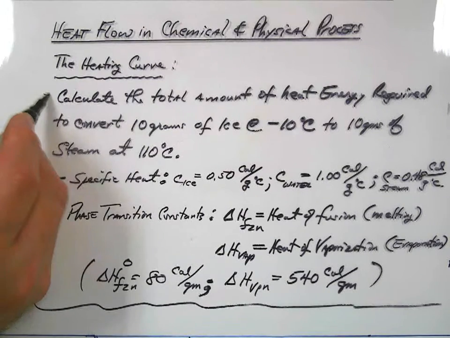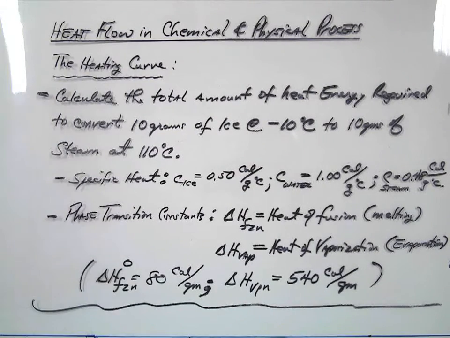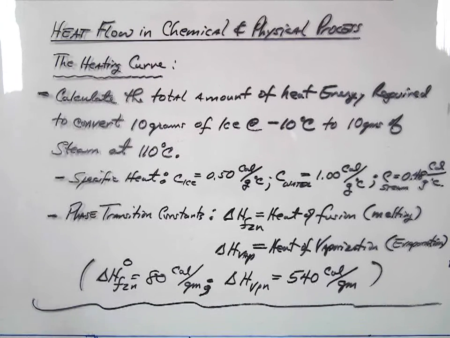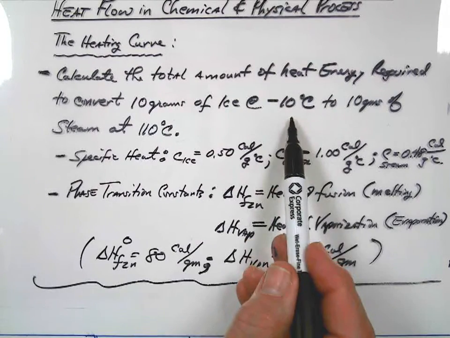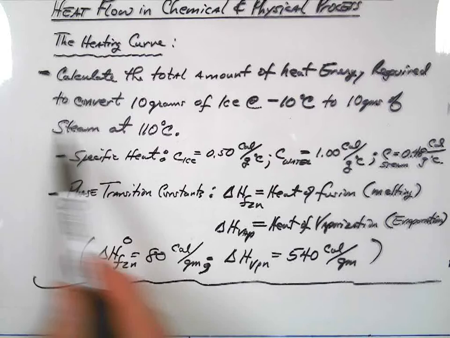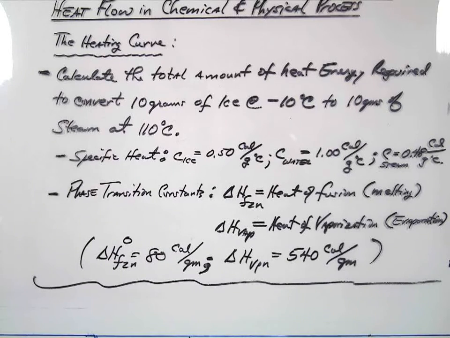So this is more of a classic type problem that I use every semester to teach this concept of energy flow and how to calculate it in problems you're going to see, and in many cases in real life. Okay, so we're going to convert 10 grams of ice at minus 10 degrees Celsius to 10 grams of steam at 110 degrees Celsius.